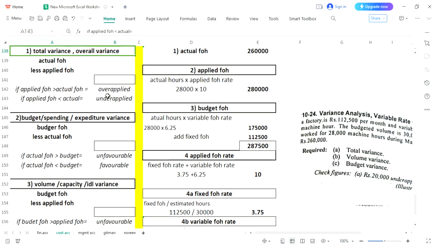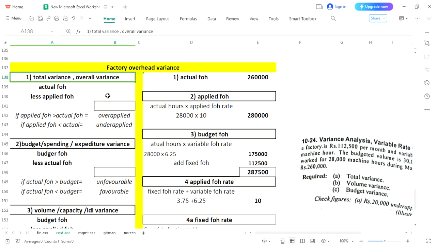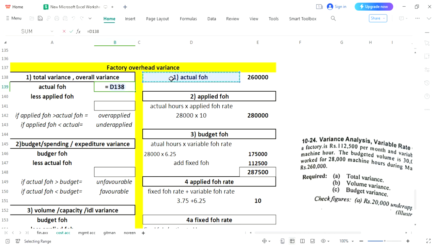For that, the first variance which we will calculate is total variance, for which we need actual FH. Look at here, highlighted area, actual FH was calculated, it was 2,60,000, you need to put over here. Second thing, you need applied FH. Please focus upon here, the highlighted area, applied FH was calculated, and the total amount is 2,80,000. So put over here.